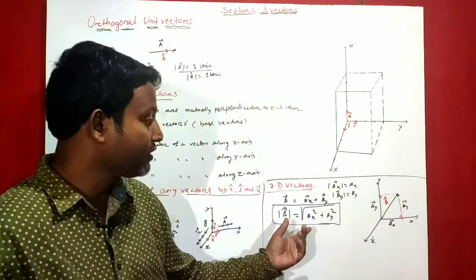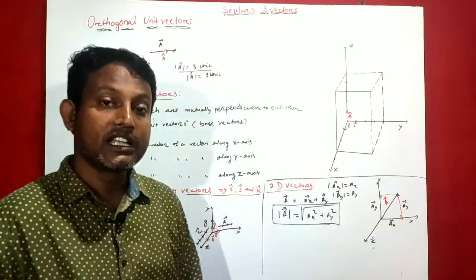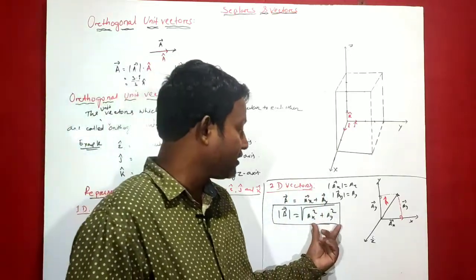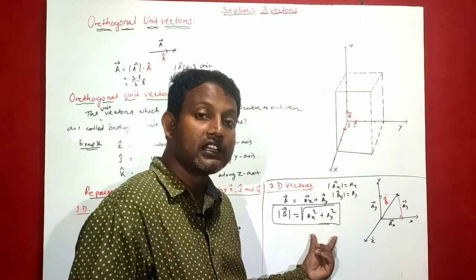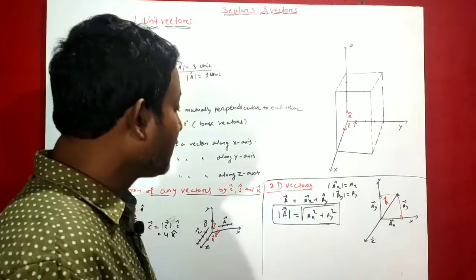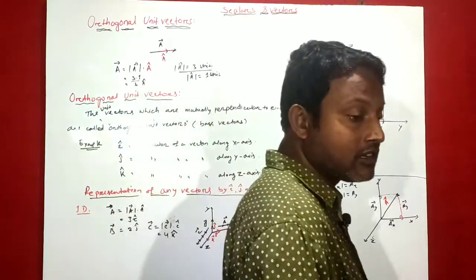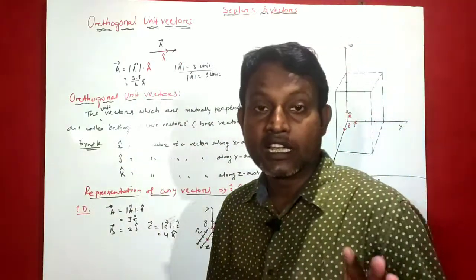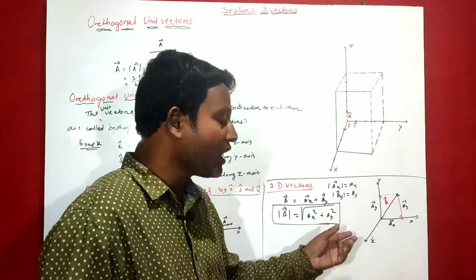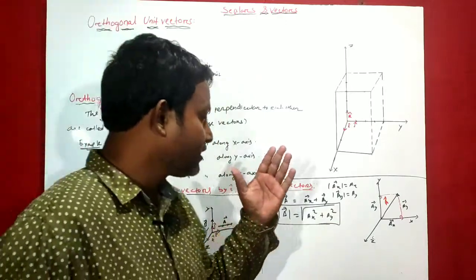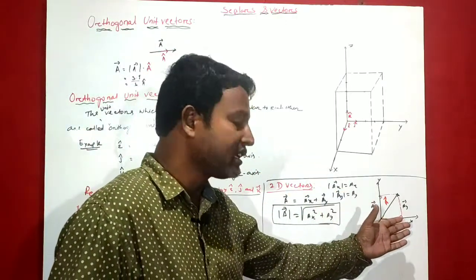Guys, you can also find it by putting in the formula from the triangle law of vector addition: Ax square plus Ay square plus Ax into Ay cos theta.